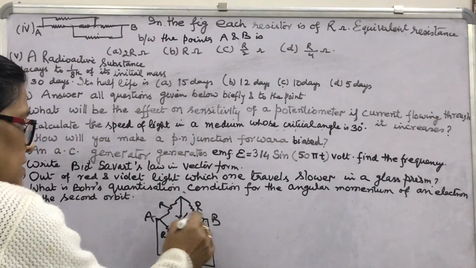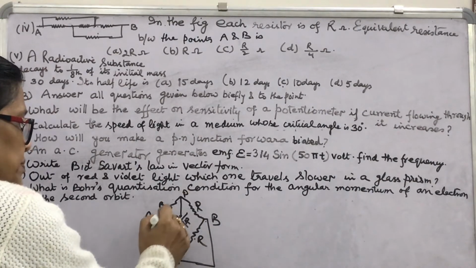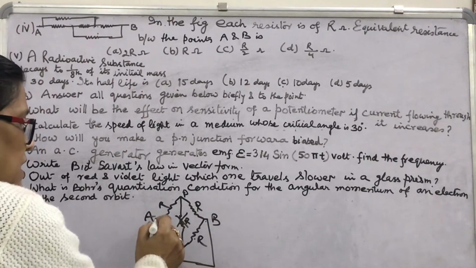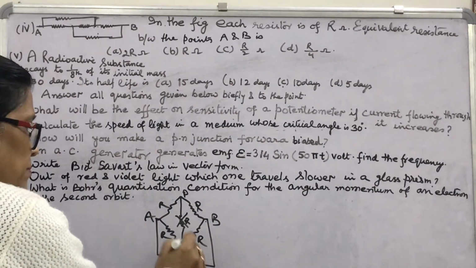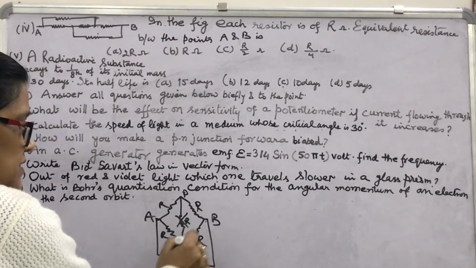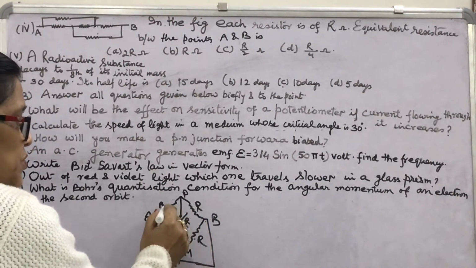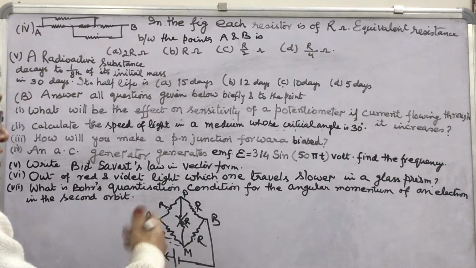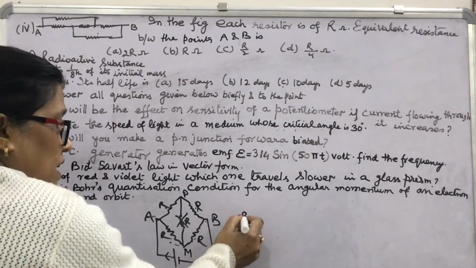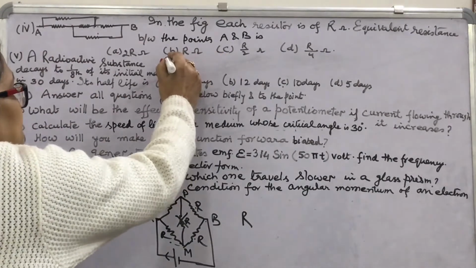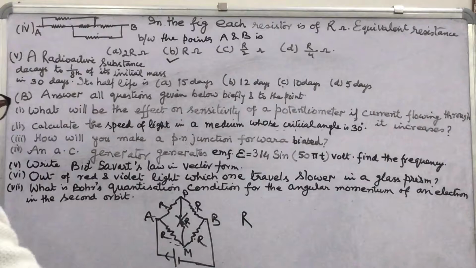Suppose this point is named P. In the path APB the resistance is 2R, and in the other path the resistance is also 2R. These 2 resistances in each path are in series, as the current will be the same. So 2R and 2R are connected in parallel, and the result will be R. So the correct answer here is R ohm.